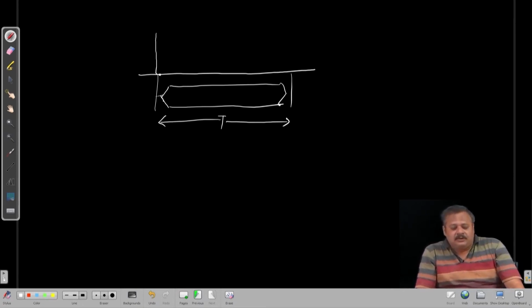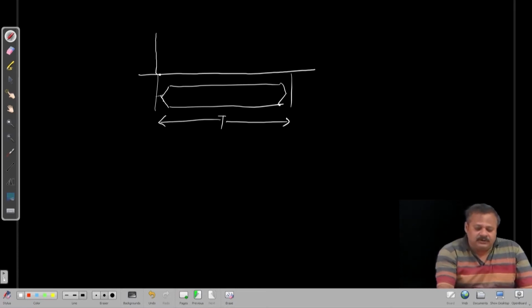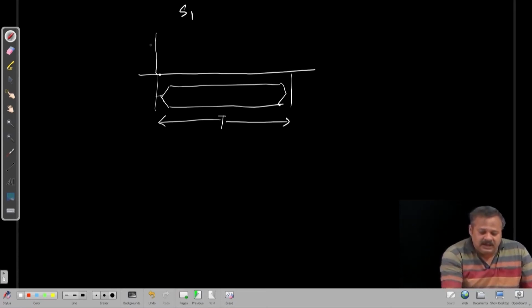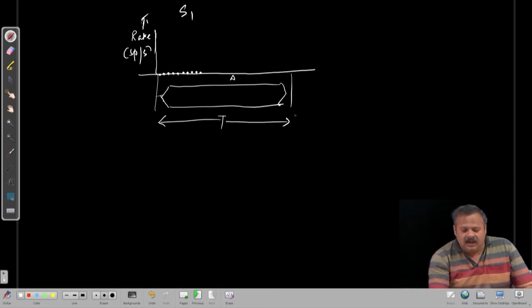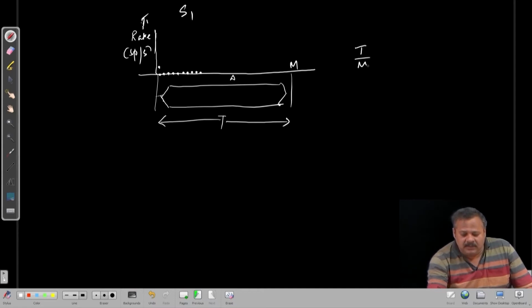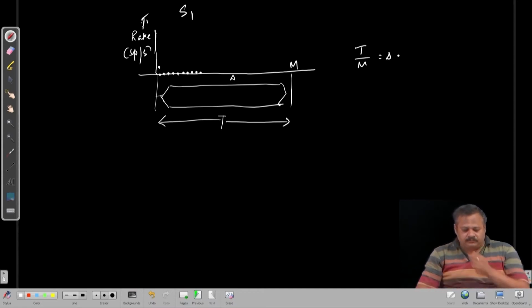And so, in response to stimulus 1, let us say this axis is rate in spikes per second, and this axis is time. We can bin it such that the bin size is delta, and let us say there are capital M bins starting from bin 1, where T by M equals delta.